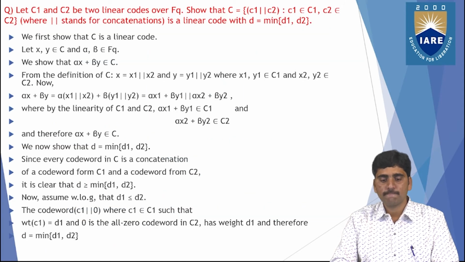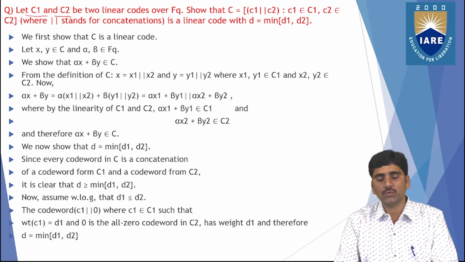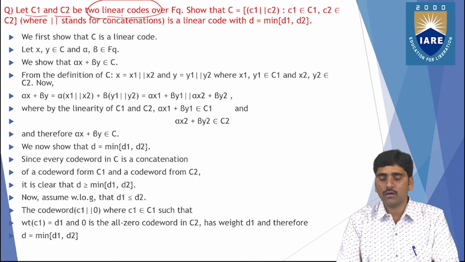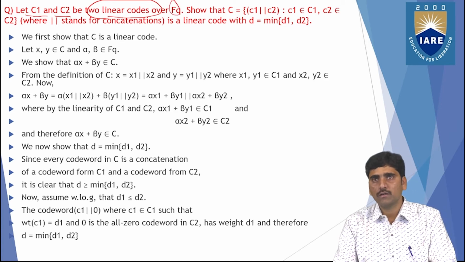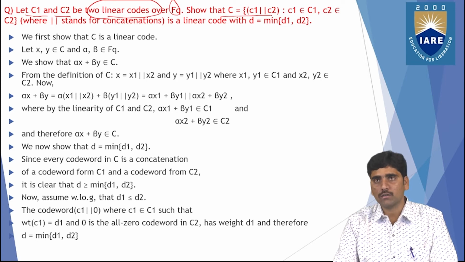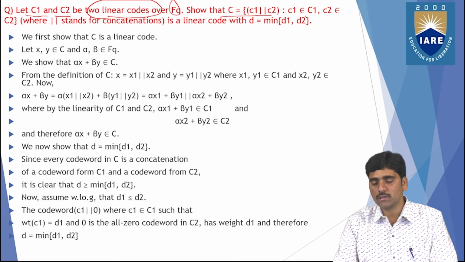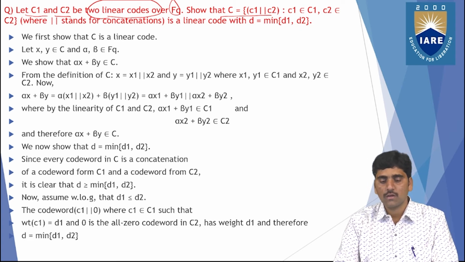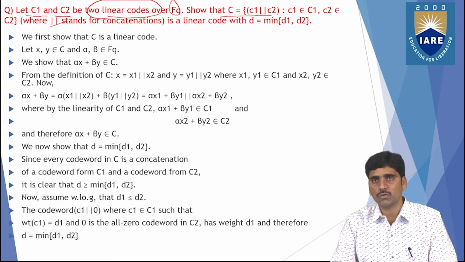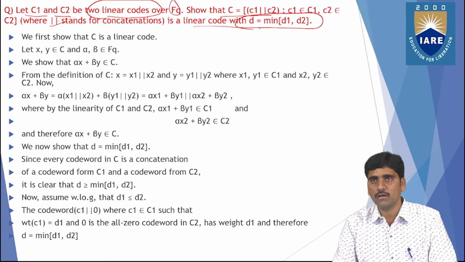So see here, let C1 and C2 be linear codes over a Galois field. Show that C equals C1 concatenated with C2, where x belongs to C1 and y belongs to C2, where this concatenation symbol represents concatenation of the two codes, is a linear code with D equals the minimum of D1 comma D2.